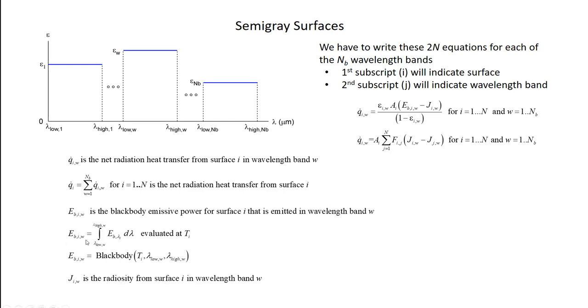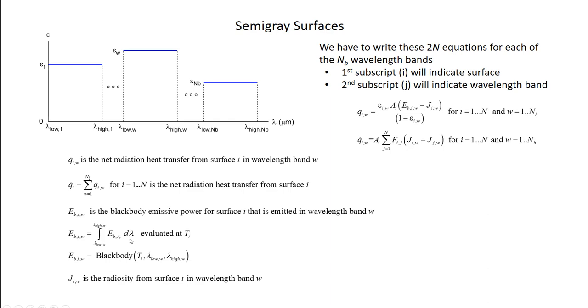EBIW is the spectral blackbody emissive power, so this is Planck's law, integrated from the lower limit of that wavelength band, so from lambda low for that wavelength band, up to the upper limit for that wavelength band, so up to lambda high for that wavelength band, right? So this is the integral I'd have to do. One of the reasons we talked about this function, called blackbody, is basically that it does that for you, right?